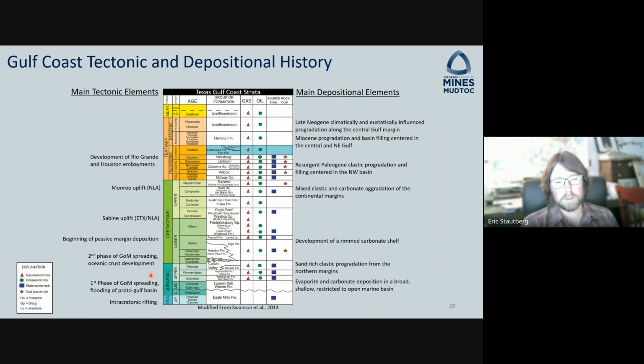And so basically we have deposition from the Triassic through the Quaternary across the entire Gulf Coast basin. And I like this strat column because it shows that pretty much everything on the Gulf Coast is a gas or oil producing formation. And we have just an enormous amount of source rocks out here too. And in my mind, one day we'll have another column here that shows which ones have geothermal energy potential.